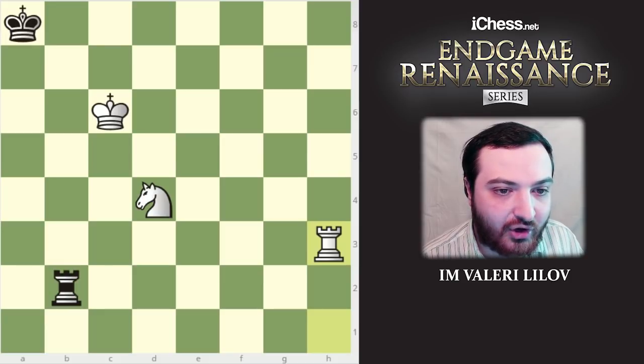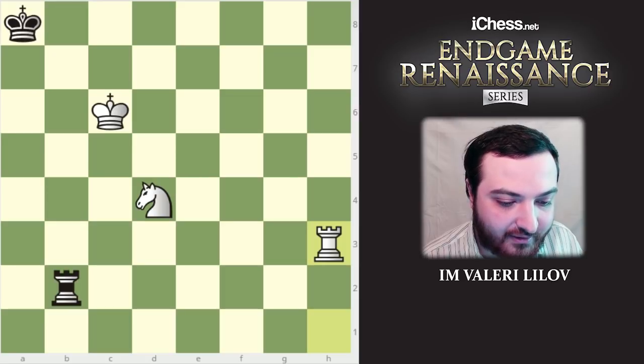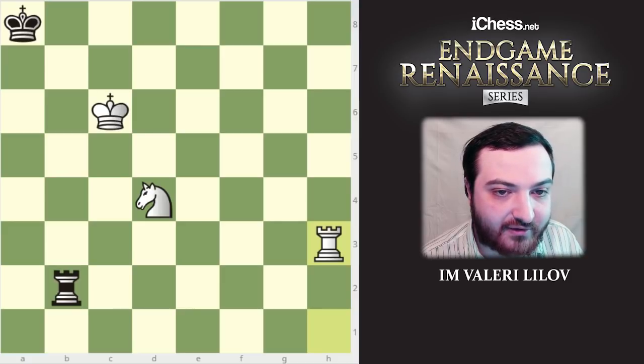And with that in mind, black is in trouble. Just remember that. The key is to keep the opponent on the downside, restricted, and limited. Now he's got problems. He can't move away. He can't just step out. Let's take a look and see.